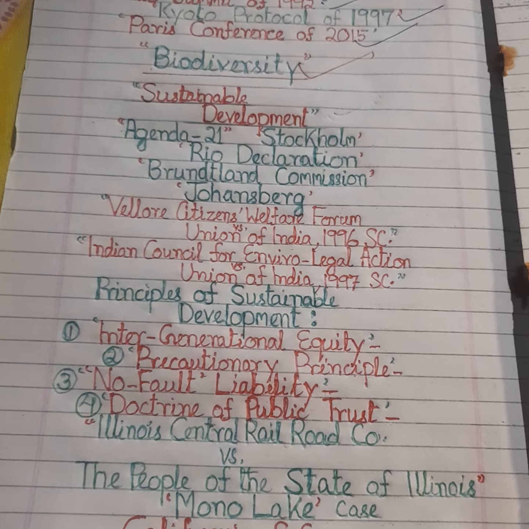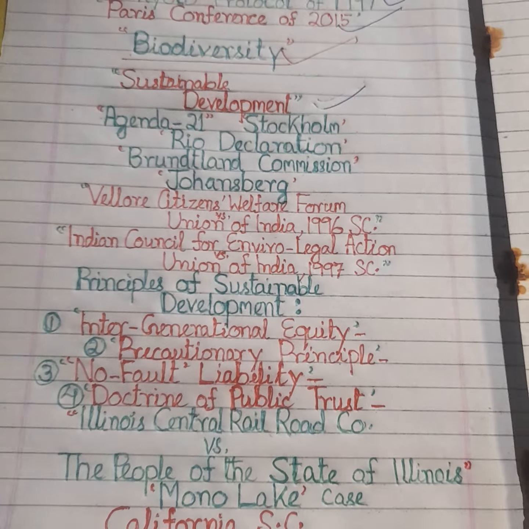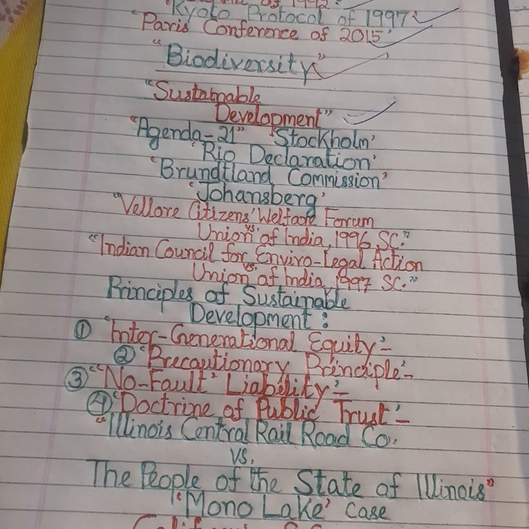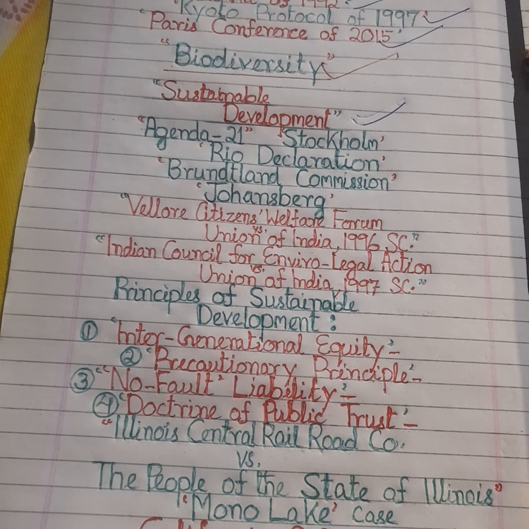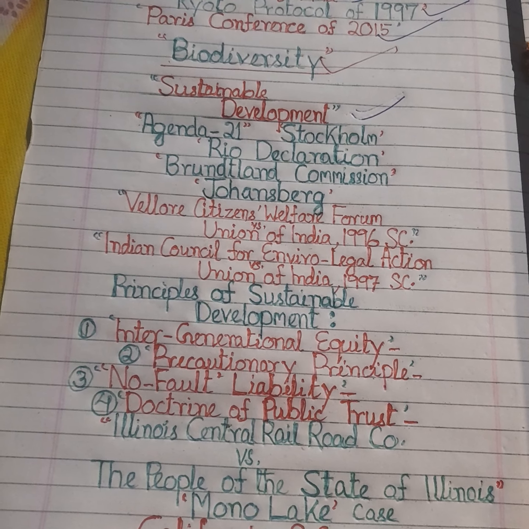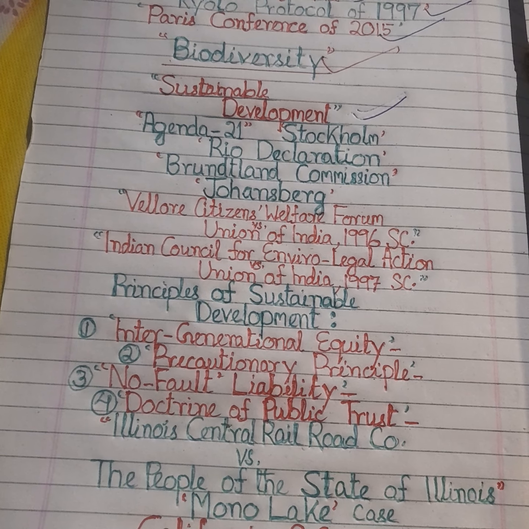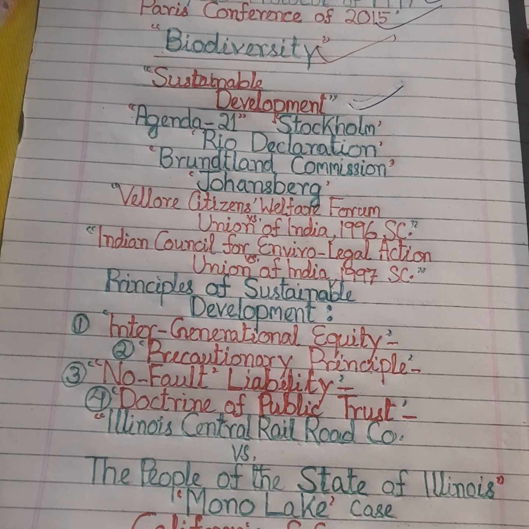So, what exactly does sustainable development mean? It means, in literal terms, the process or the way in which economic planning should be given shape so as not to disturb the ecology.